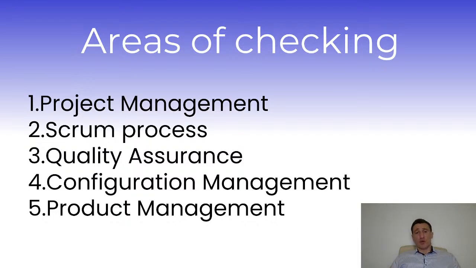And I call it configuration management because it's all the configuration of servers, of continuous integration systems, and so on. And the fifth is product management. So project management is like working with the project inside these processes, and product management is high level: how this product works in production, how it's filling customers' needs, whether the customer is happy with this solution, and whether he has a vision or some roadmap and so on.